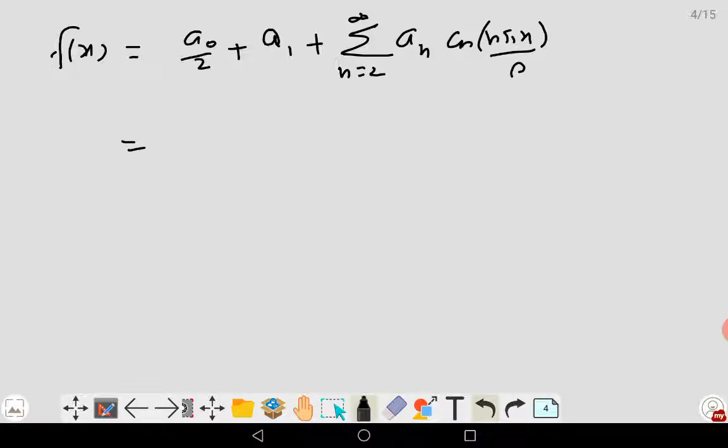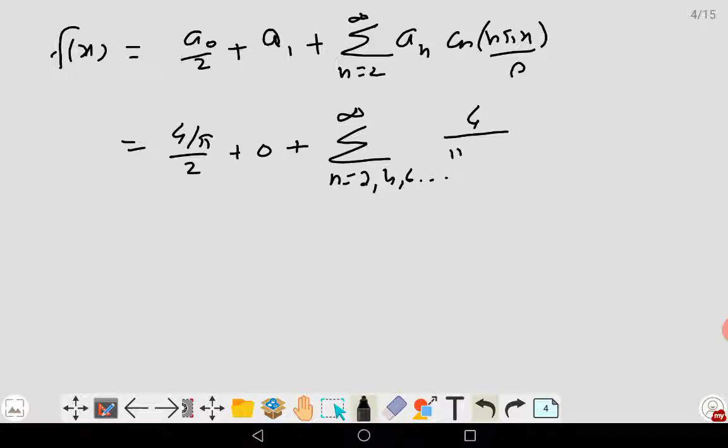a0 is 4 over pi divided by 2, and a1 is 0. Summation n from 2 to infinity, because an is true for only even values, isn't it? So 2, 4, 6 going up to infinity. An value is 4 over pi into 1 minus n square, then cosine nx, because p is pi.